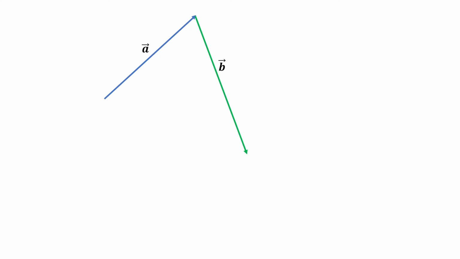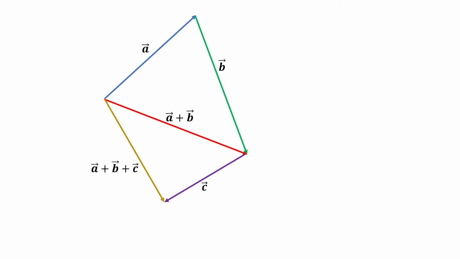Now vector A plus B is the vector that connects the beginning of the first vector and the end of the second vector, a plus b. And now if I want to add vector c, I'm going to hook it up at the end of vector a plus b, right? In this case, this vector is going to be a plus b plus c, okay?